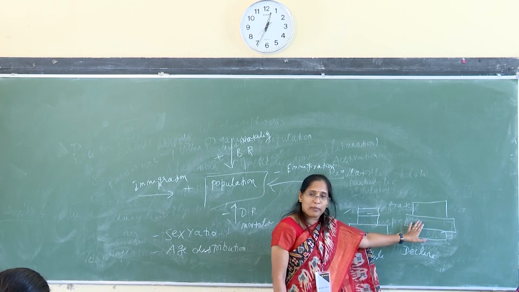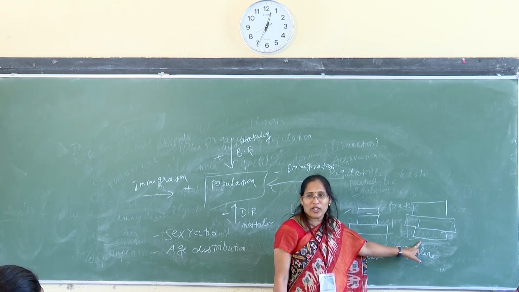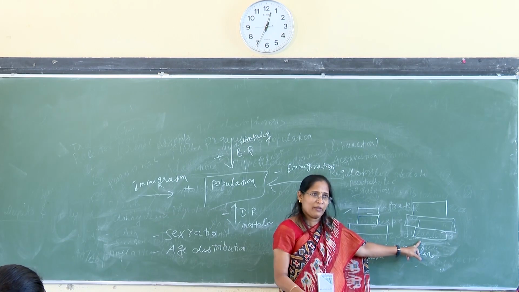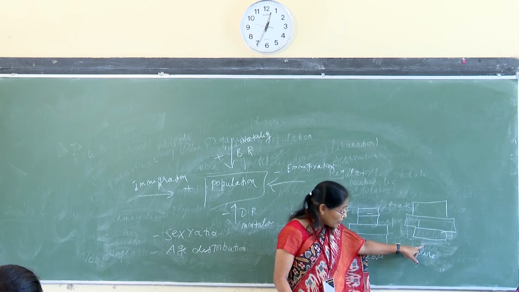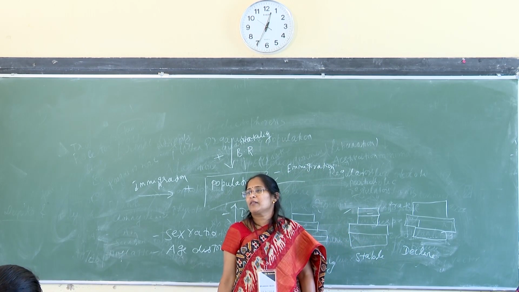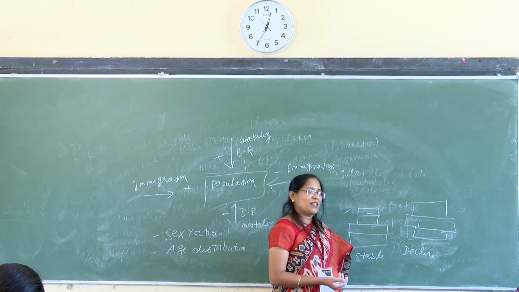See, when the reproductive category is reproducing, obviously the pre-reproductive group should increase, right? Pre-reproductive will be there, children will be there. But where will you find a condition where pre-reproductive is less than that? In which condition will you find that? Think.